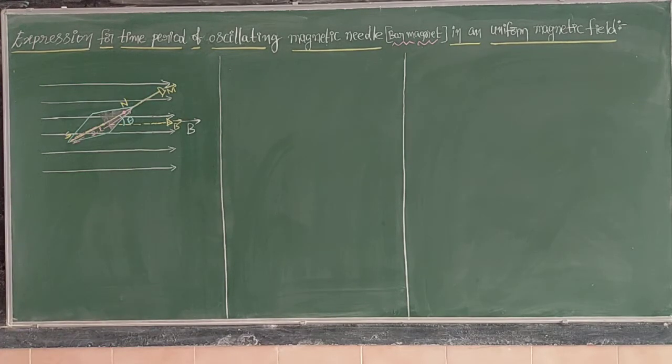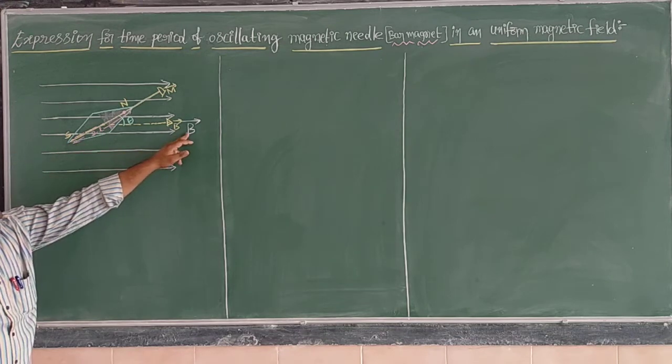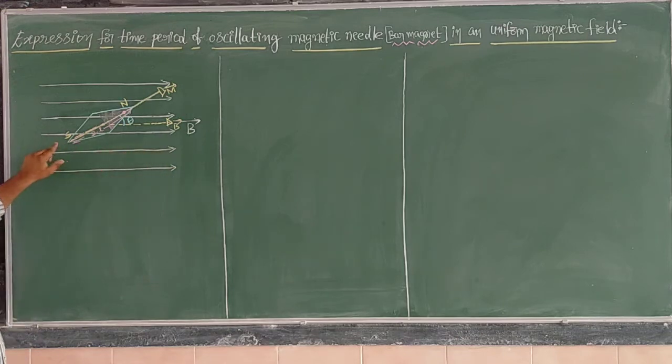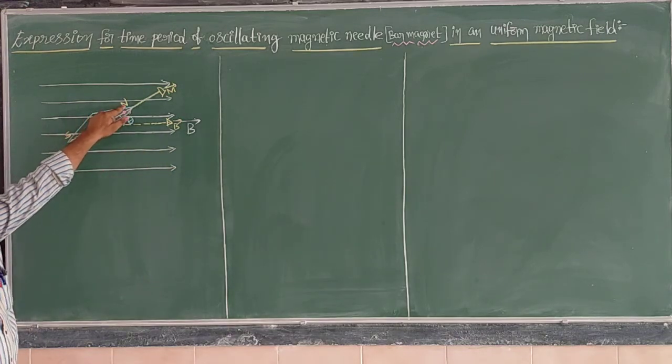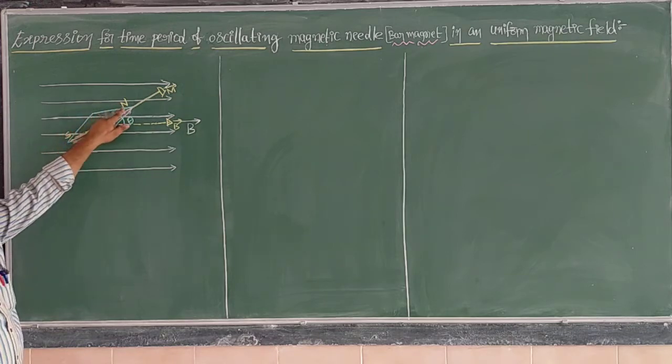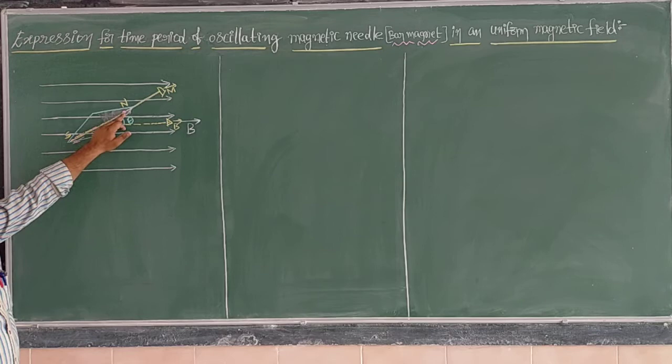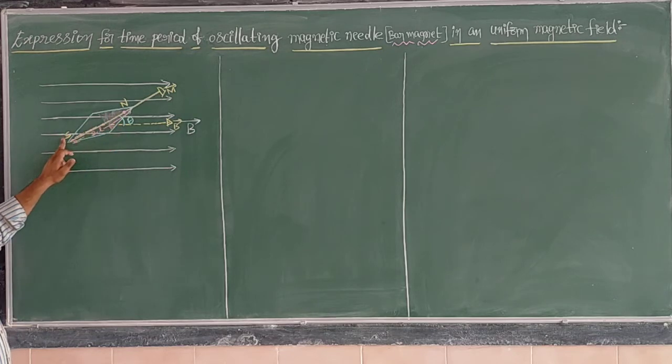Here you are observing these white lines represent the direction of the uniform magnetic field. Here, south and north pole, that means a magnetic dipole is a magnetic needle. This is the north pole and this is the south pole. The length between the north and the south pole is 2l.